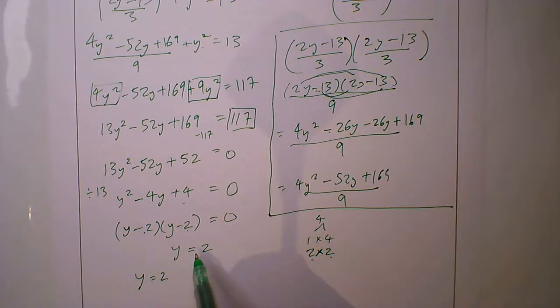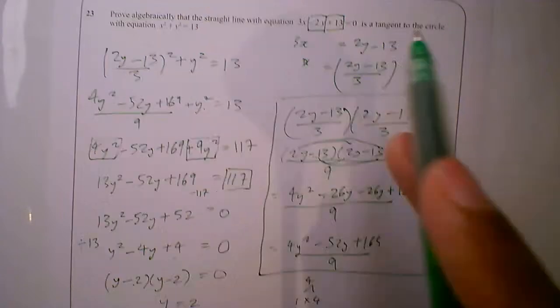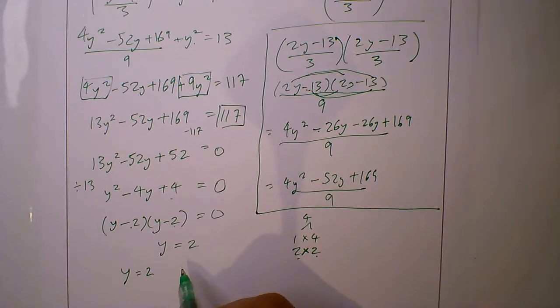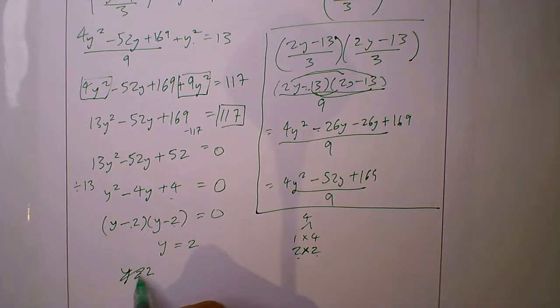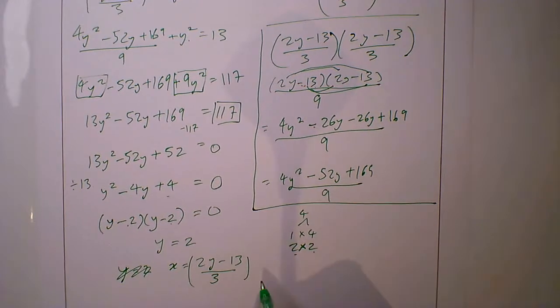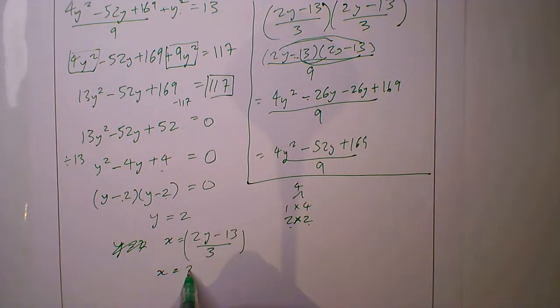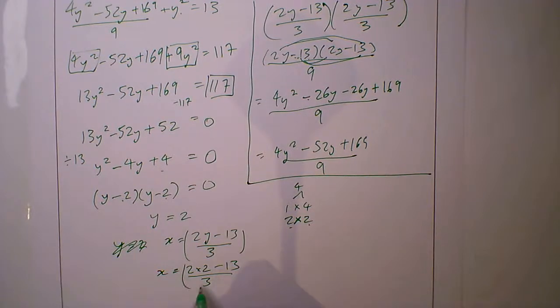Now I need to put this back into my equation to find out what x is. So x equals 2y minus 13 over 3. That's my equation, so I can find out what x is by doing 2 times 2 take away 13 all over 3.